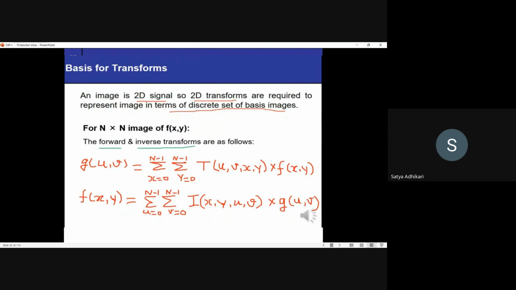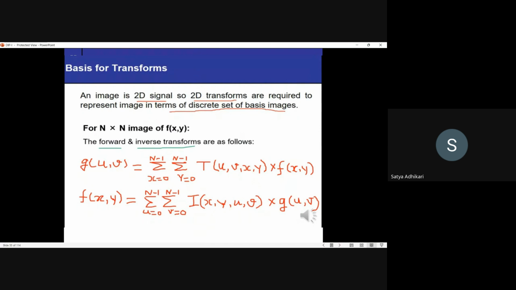There are two transformations used, forward and inverse. The forward transform means you convert from the original form to another domain or another form. And as the name suggests, we use the inverse transformation to get the original form. Suppose A is the original form. After transformation, we change to form B and make some processing, some addition, whatever editing.